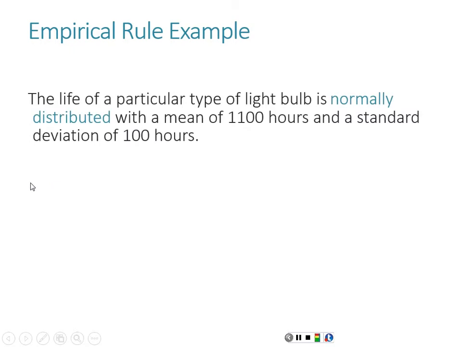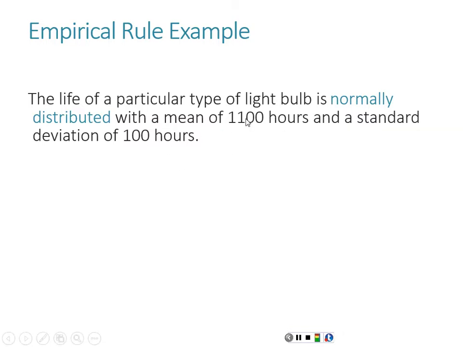So here's an empirical rule example. The life of a particular type of light bulb is normally distributed with a mean of 1,100 hours and a standard deviation of, I'm sorry, 100 hours.